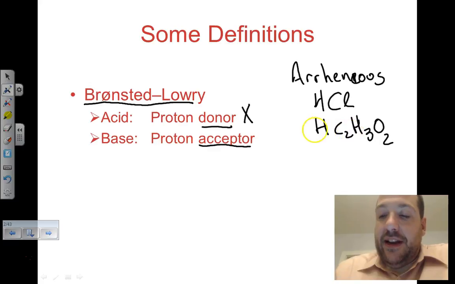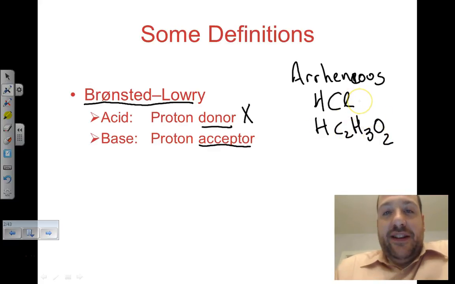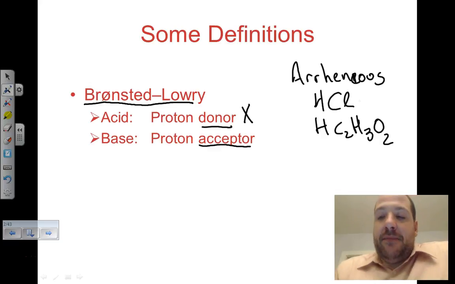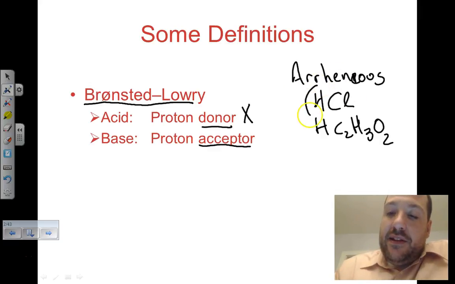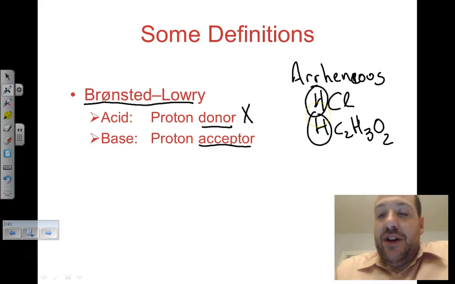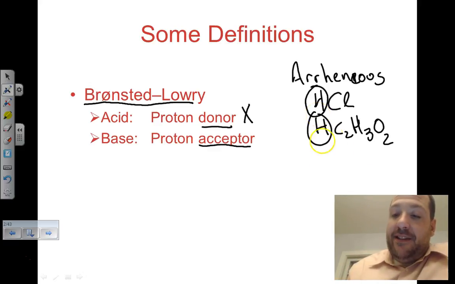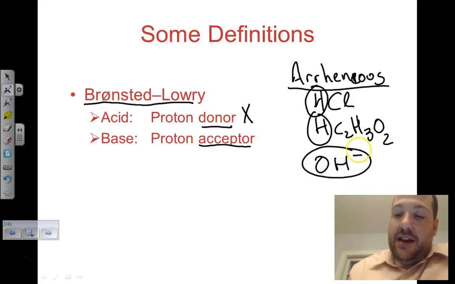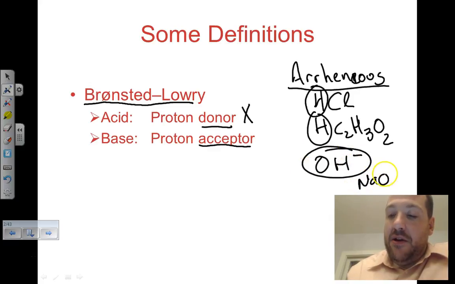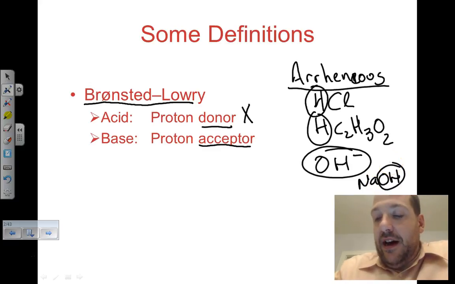This is acetic acid, or maybe vinegar. This is hydrochloric acid, or muriatic acid as a common name. So this hydrogen out front indicates that it's an Arrhenius acid. Bases using Arrhenius theory are indicated by having hydroxide ions at the end. So things like NaOH would be considered an Arrhenius base.